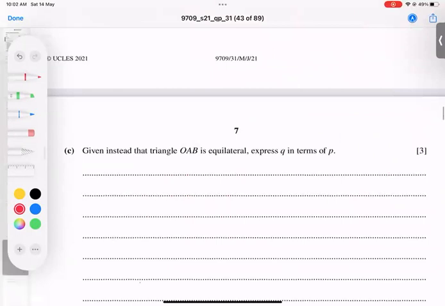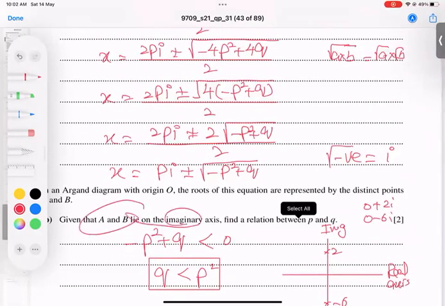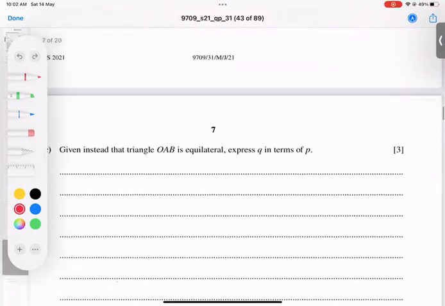Next, the triangle AOB is an equilateral triangle. Again, we have to be focused that A, B lie on the imaginary axis. But he says a separate part. It's different. Instead, now the plan changes. We have an equilateral triangle. I'm going to make this one cross.